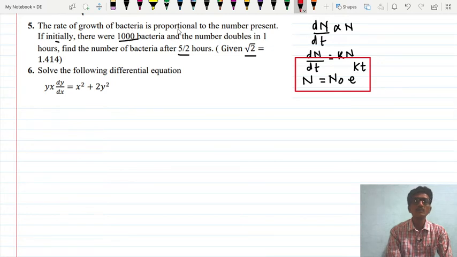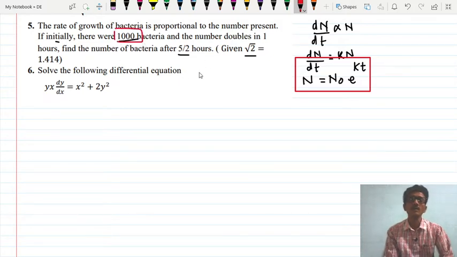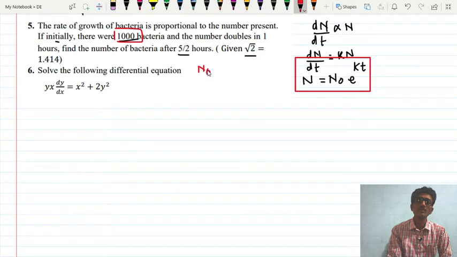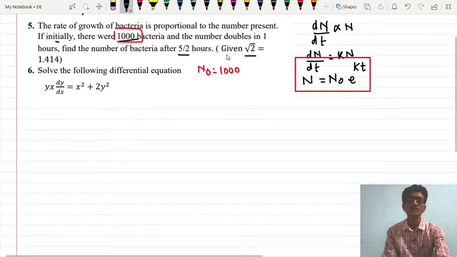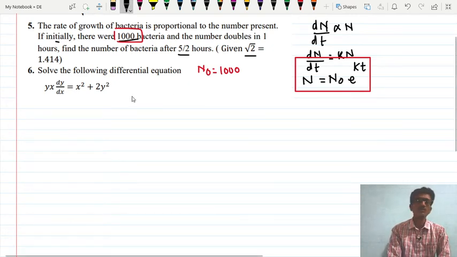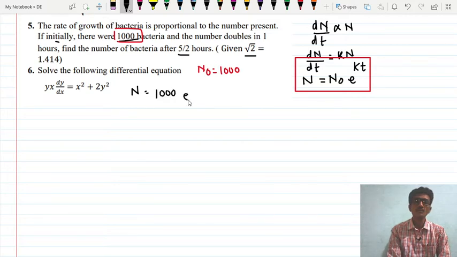The rate of growth of bacteria is proportional to the number present. Initially there were 1000 bacteria, meaning N0 is equal to 1000. Therefore we can put in this equation N is equal to N0, which is 1000, e raised to power kt.